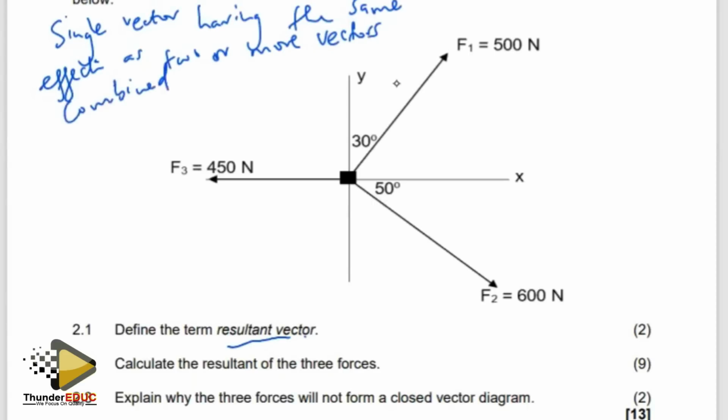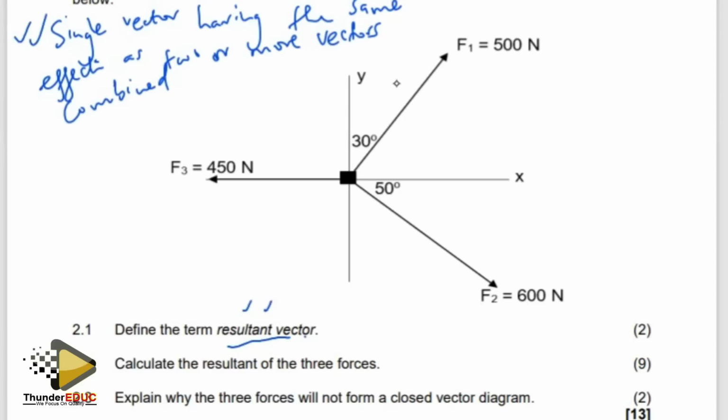So it's one vector summing up all the others. In other words, it is the sum of 2 or more vectors, regardless of how you're summing them up. So that is the resultant vector.